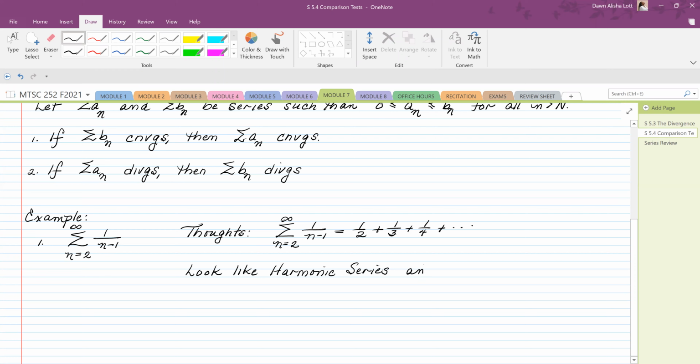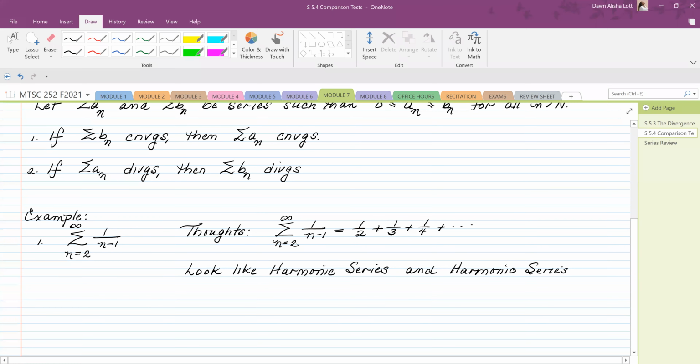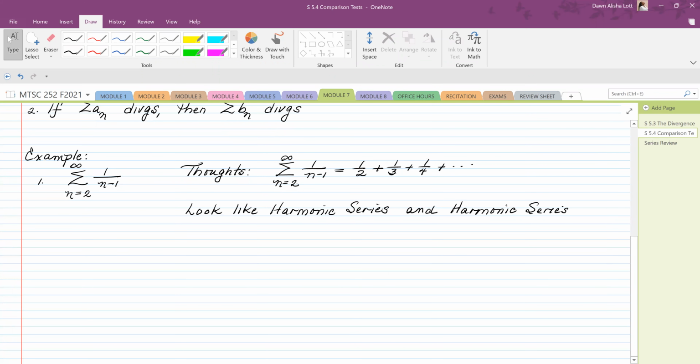And the harmonic series converges, I'm sorry, diverges. So I'm thinking this might also diverge.